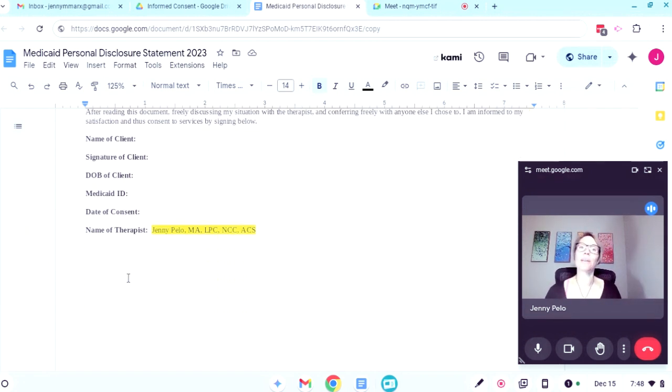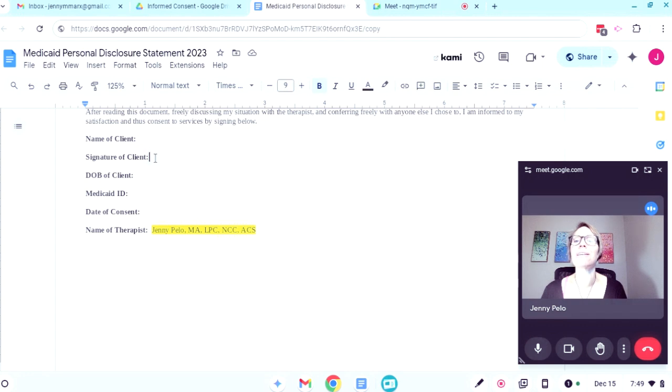So again, I have this set up in an electronic health record to where it automatically makes it easy for folks to sign. If you wanted to use it in the form that it is here, which is a Google Doc, you can make it to where folks can sign it.